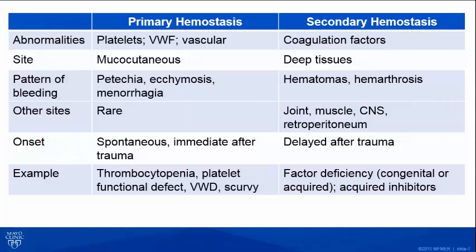Whereas for secondary hemostasis, the bleeding is usually delayed after trauma because they can still form the primary platelet plug, although it's not stable. Examples for primary hemostasis: decreased number of platelets, dysfunctional platelets, von Willebrand disease, vasculature disorders. For secondary hemostasis: factor deficiencies, inhibitors.